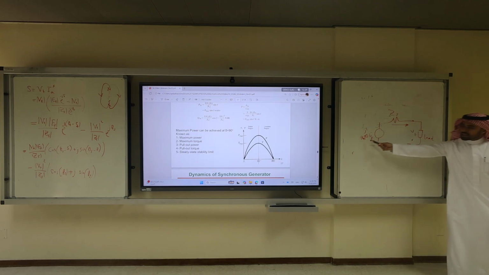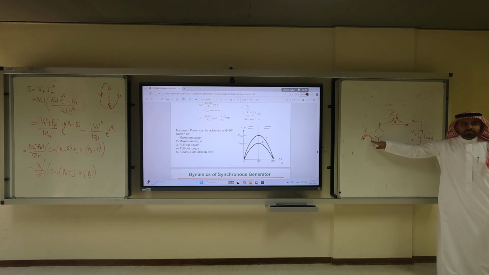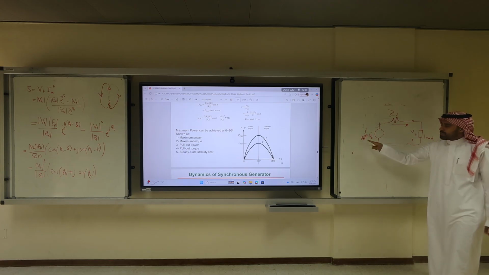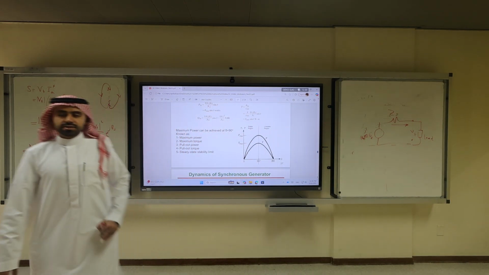And EF, the excitation, would change because of the excitation. Vt has to be fixed. 13.8 kilovolt, cannot change. There is a control mechanism to fix it. The only thing that changes is E of F, which is either the excitation or the delta, the magnitude or the delta. If they are aligned, delta is zero.